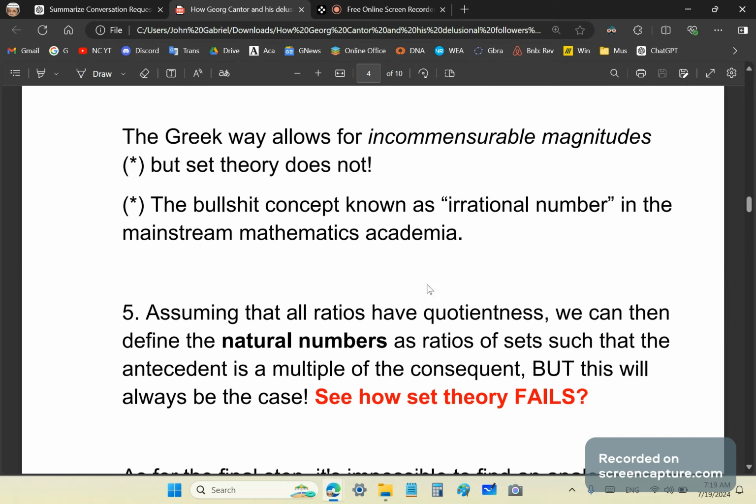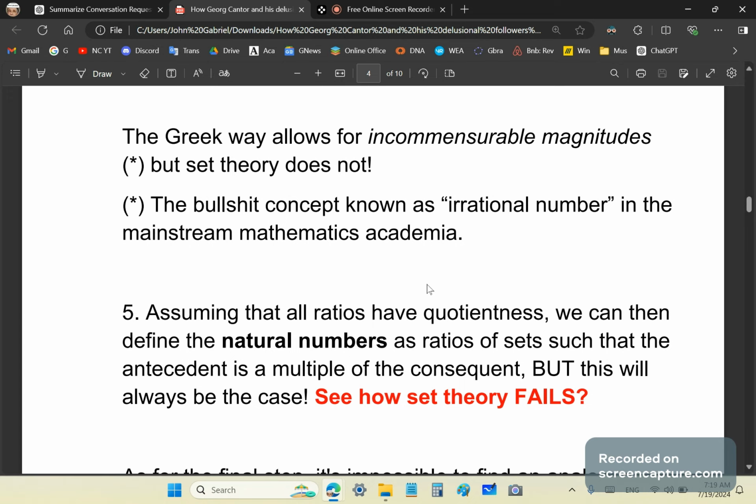And set theory simply assumes an irrational number, which is an oxymoron, by the way, because number implies rationality and vice versa. So it's like saying an irrational rational, which is absurd. You cannot define a number by attributes that it lacks. In other words, it lacks the attribute of rationality.